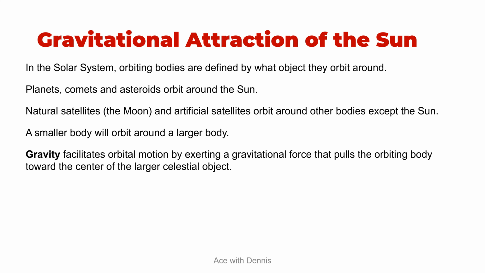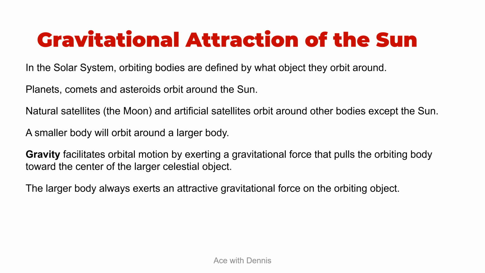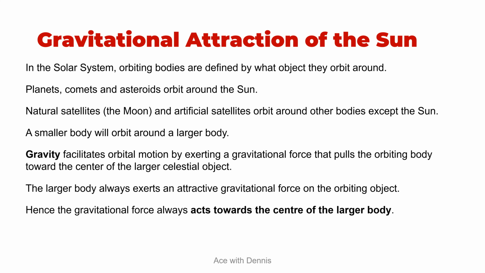Gravity facilitates orbital motion by exerting a gravitational force that pulls the orbiting body towards the center of the larger celestial object. The larger body always exerts an attractive gravitational force on the orbiting object. Hence, the gravitational force always acts towards the center of the larger body.